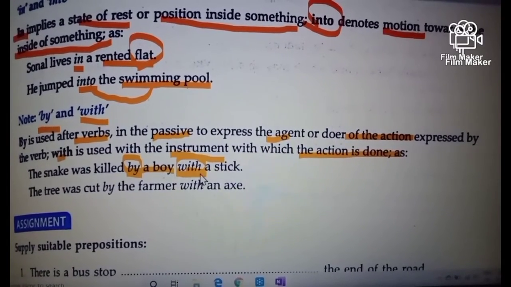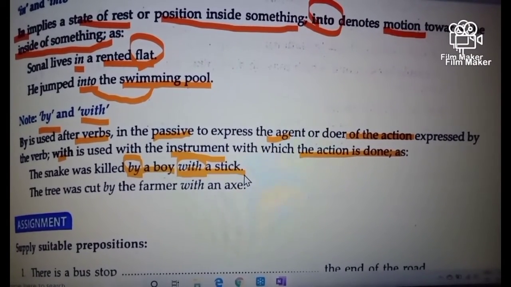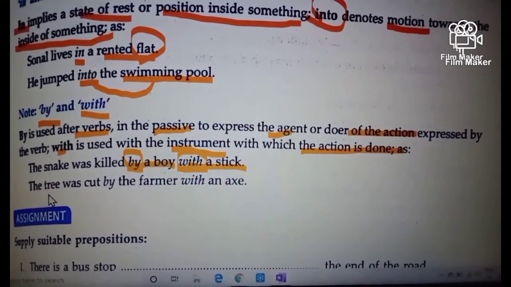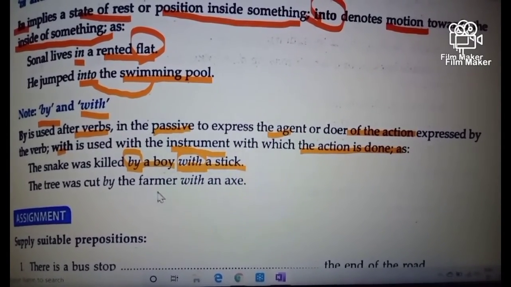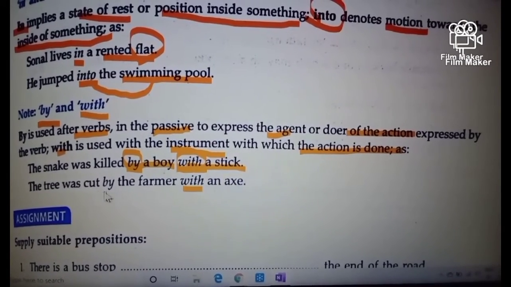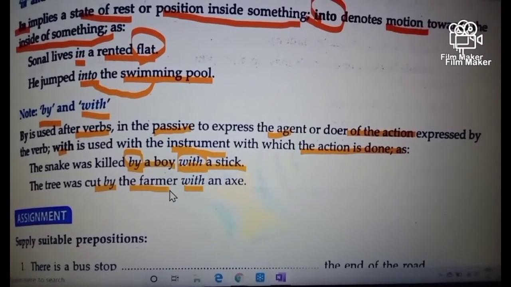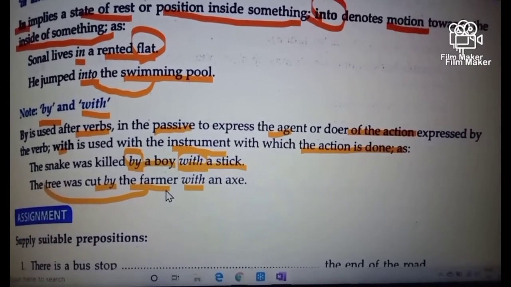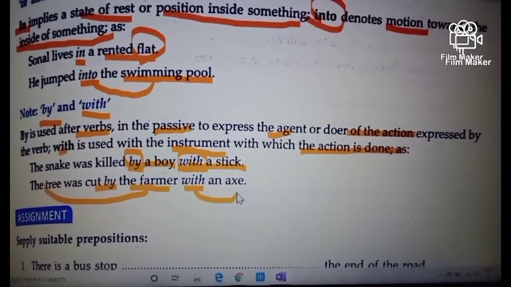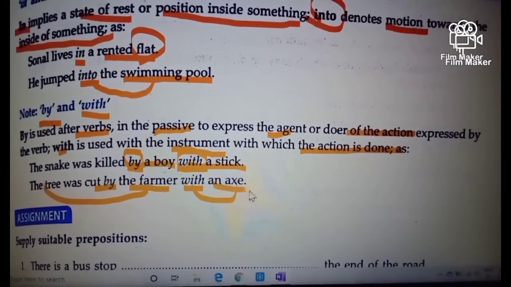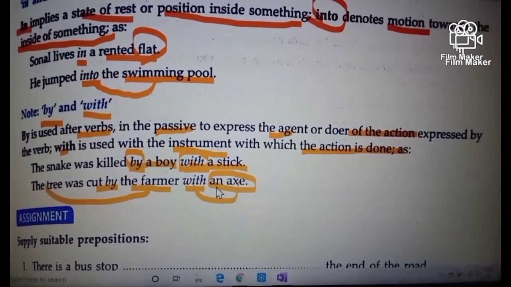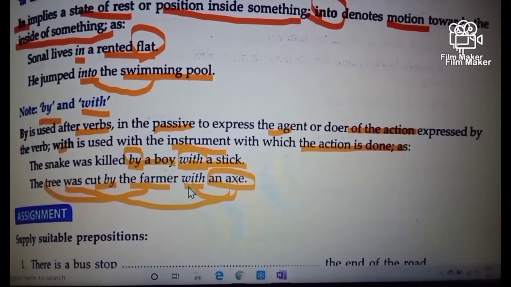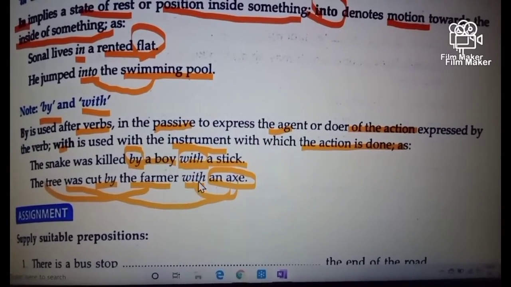So with is used to denote a stick, that is an instrument used for the action. The tree was cut by the farmer with an axe. So here by the farmer, who is doing the action of cutting the tree, but with an axe. So an axe becomes an instrument to cut the tree. That's why here we have used the word with.